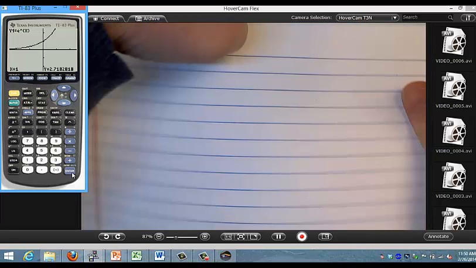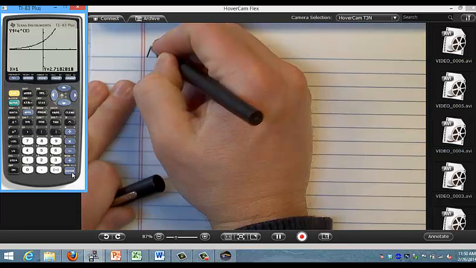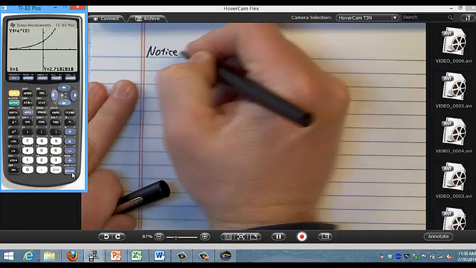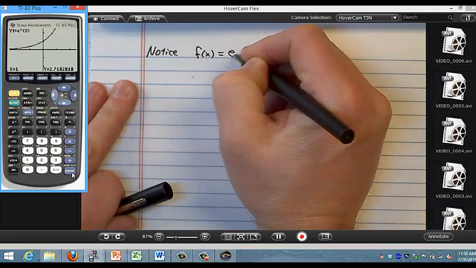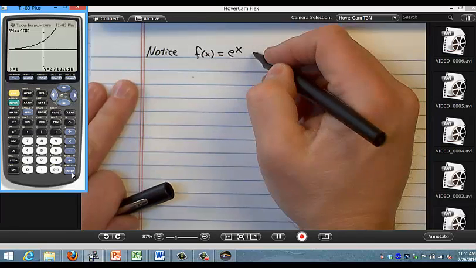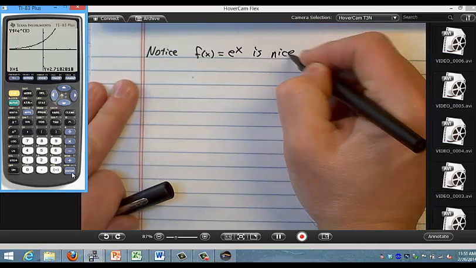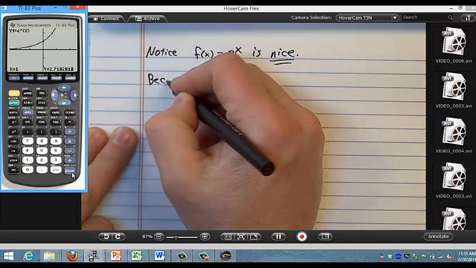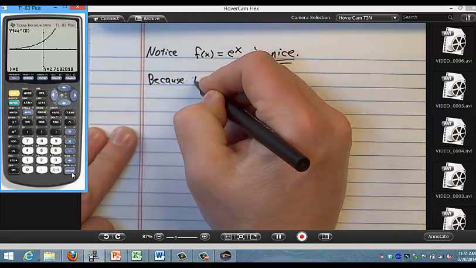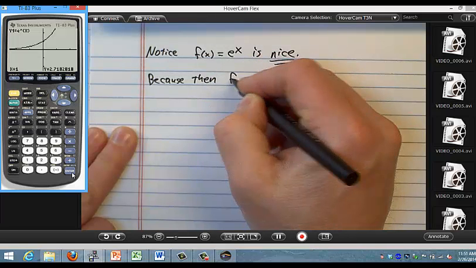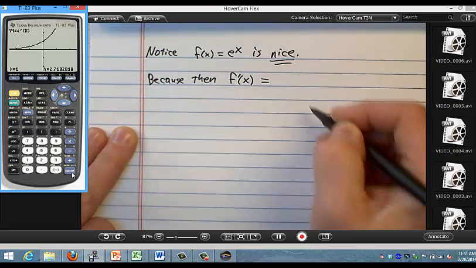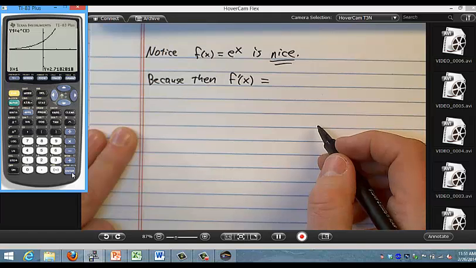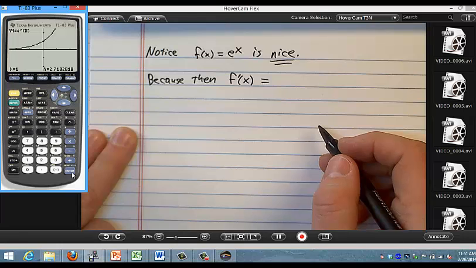here's the function. Notice f of x equals e to the x is, I'm going to say, nice, because then f prime of x equals what? Let me go back to that previous slide.